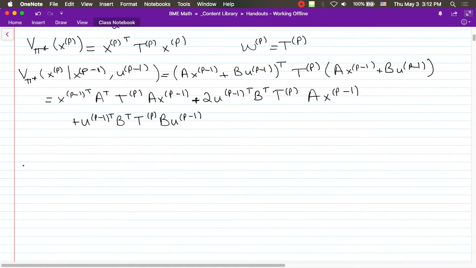Okay, so we have another component of our cost. That's the cost per step. So that's alpha at time point p minus 1 plus this v.